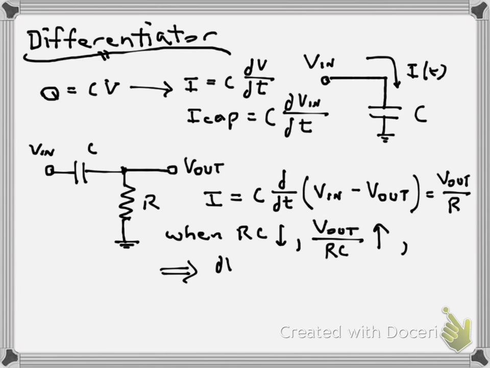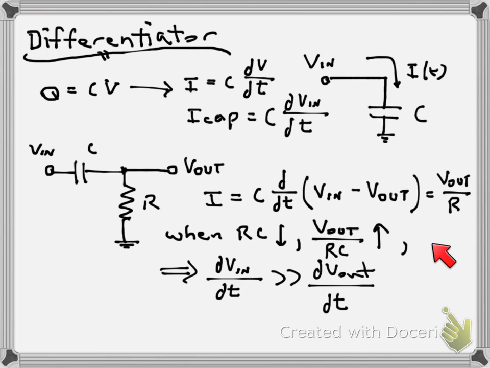Well, I could imagine bringing this C over to the other side, and then when RC goes down, V out over RC goes up, which means there's going to be a big difference between dV in dt and dV out dt. That's the only way I'm going to get a big thing on the right-hand side of the equation.